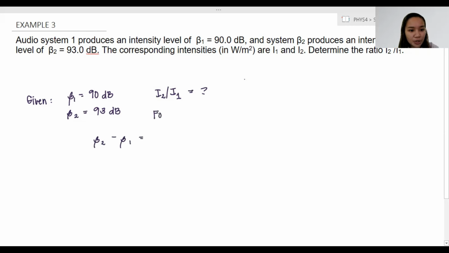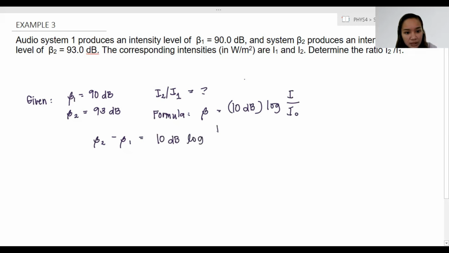Now take note that the formula for our beta, or our intensity level in decibels, is 10 dB log I over I0. So if we have this equation, it will follow 10 dB log I2 over I0.